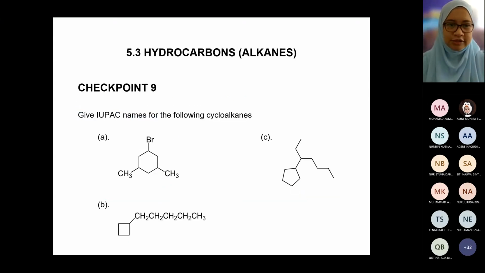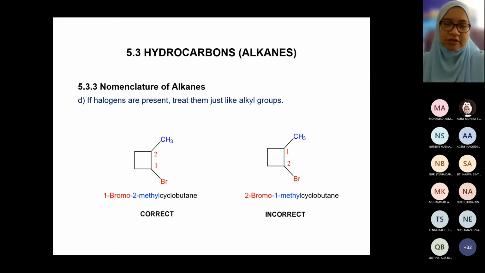Okay, last but not least. If halogens are present, treat them just like alkyl groups. If you have halogen in alkenes, in cycloalkenes or in alkenes, you would treat this halogen as if it were another alkyl group like methyl, ethyl, propyl and whatnot.